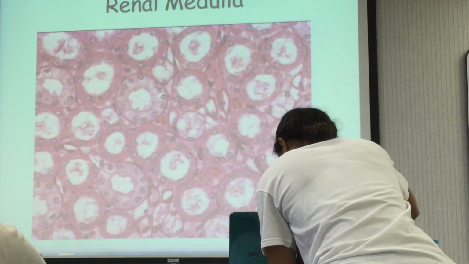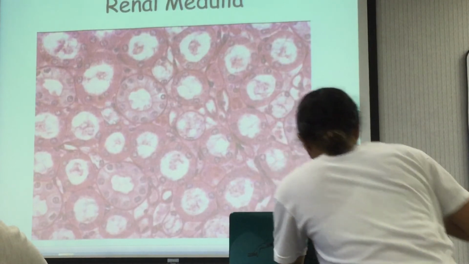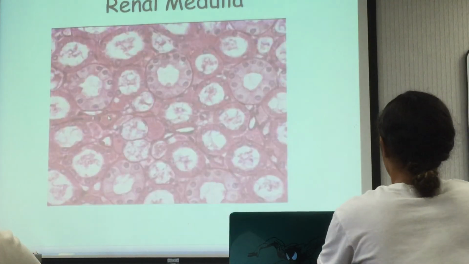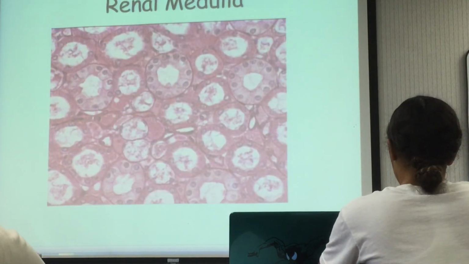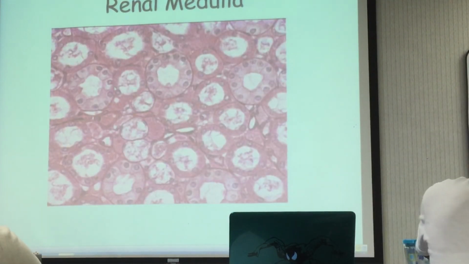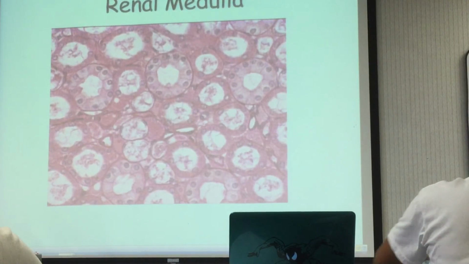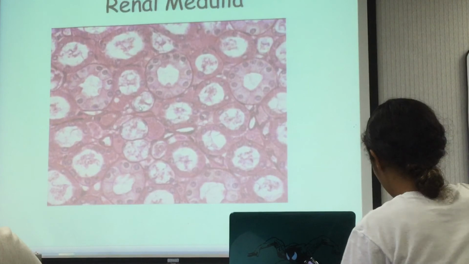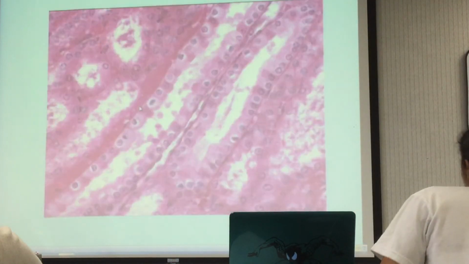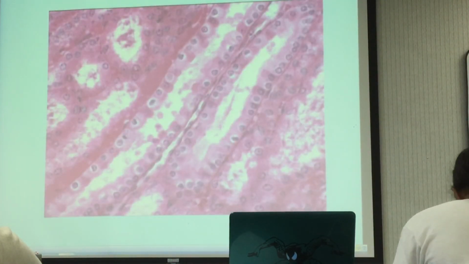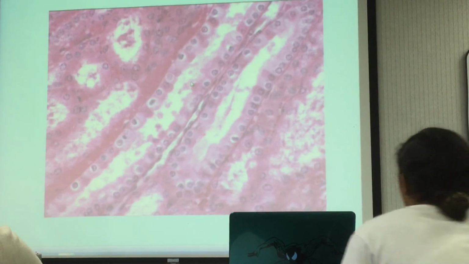That's a loop of Henle. Is this the thin or the thick portion? Thin portion. These are collecting tubules. They're very clear. You see how different they are from the other ones here. This is a loop of Henle. What is that? This is collecting tubule.